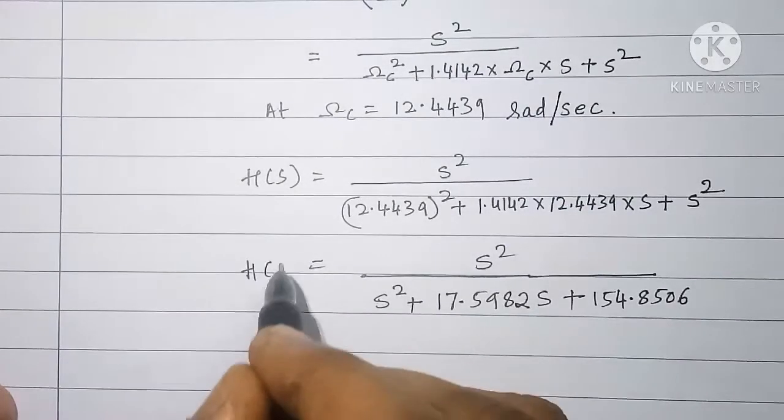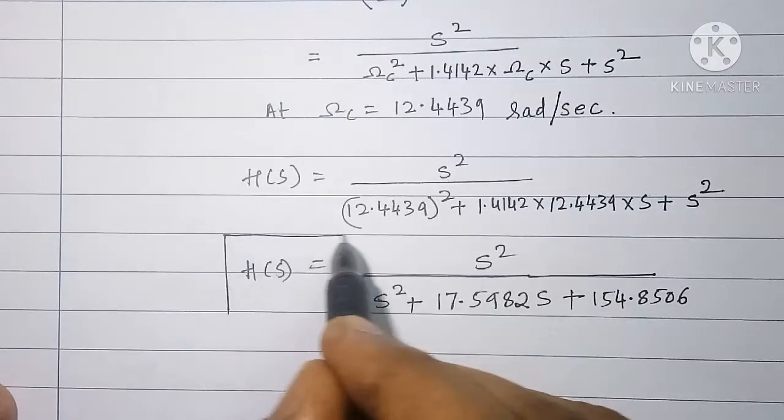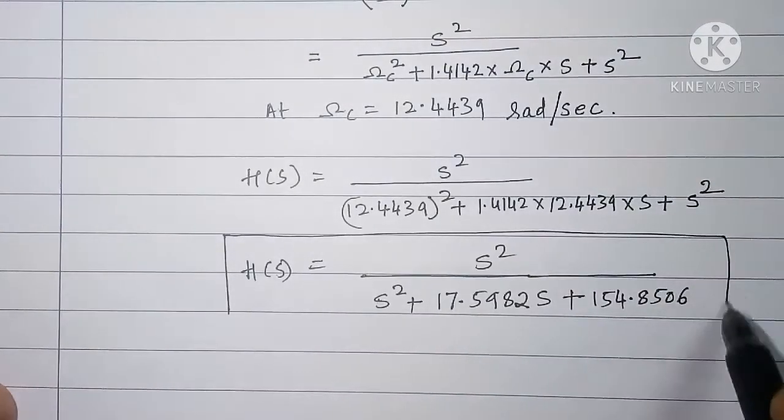So this is unnormalized transfer function of high pass Butterworth analog filter.